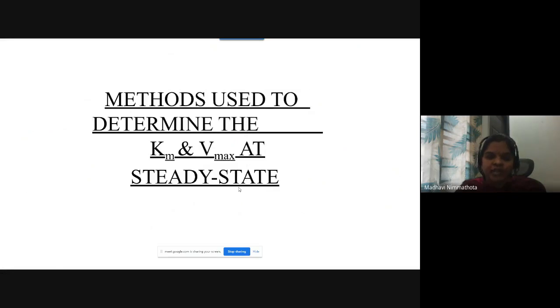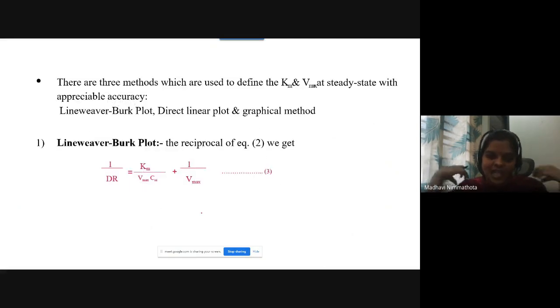So then, what are the methods you need to use to determine this Km and Vmax at steady state? Same as the previous topic, you have three different kinds of methods. There are three methods which are used to define Km and Vmax at steady state, that is CSS, with appreciable accuracy.